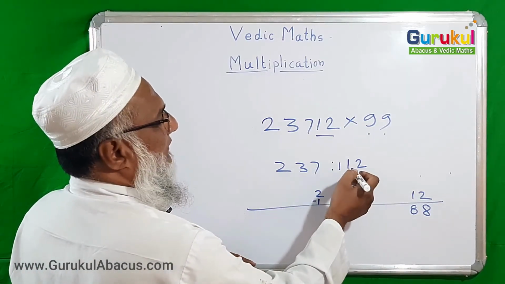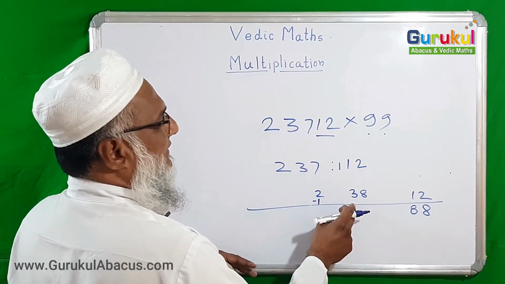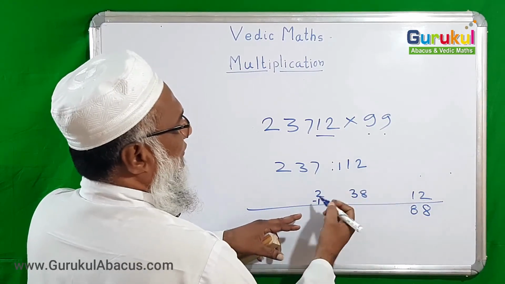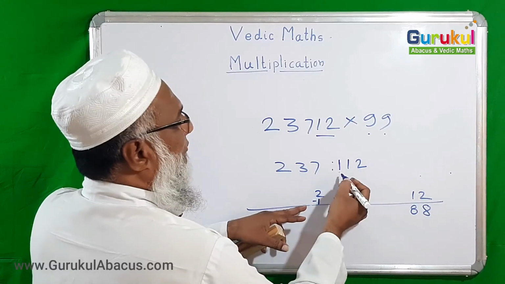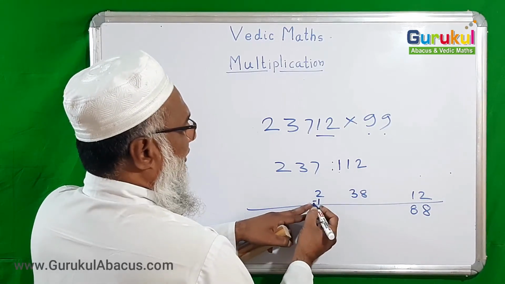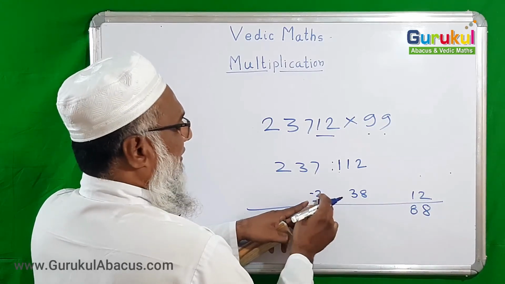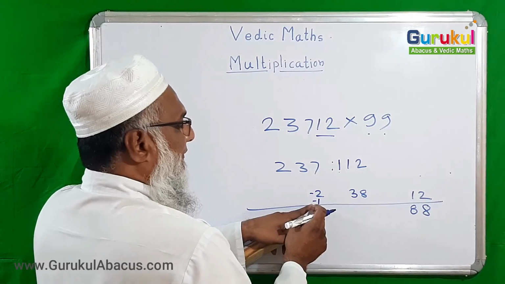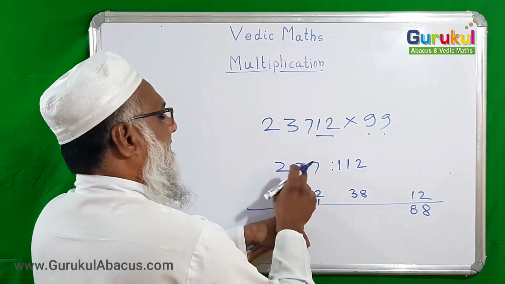Here 12 was smaller than 38, so we couldn't subtract 38 from the 12, so we borrowed 1 from that side. We borrowed 1, added here, it became 112, and the borrowed 1 we immediately place here. It means actually this was -2, we have put this 2 to subtract from it, and also one more 1 we put here to subtract from it.